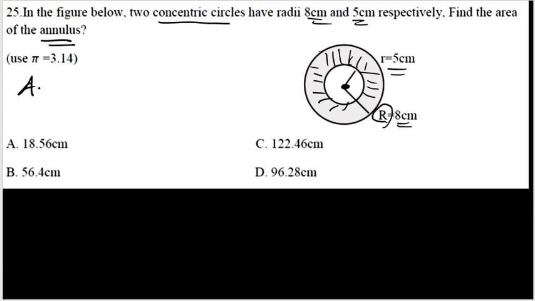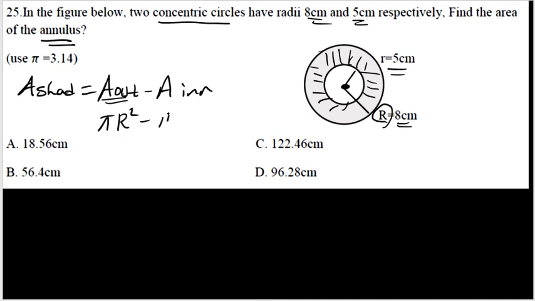So the area of the shaded region, or the annulus, we can say is equal to the area of the outer circle minus the area of the inner circle. The area of the outer circle is pi R square, and the area of the inner circle is pi r square. It's the same formula, but the radius changes. For the outer, I use capital R square, for the inner one, small r.